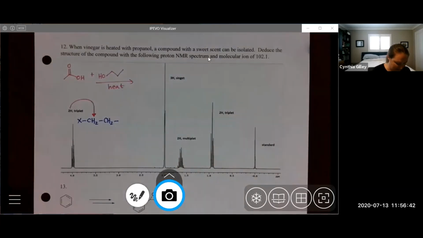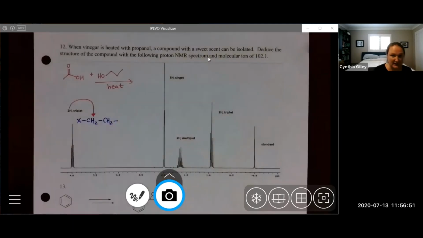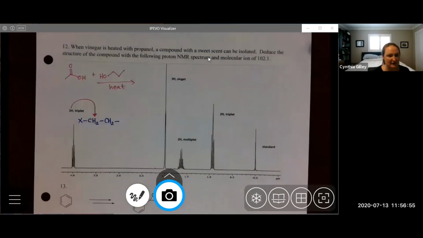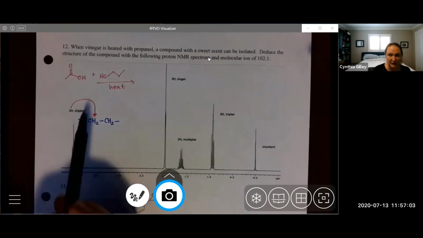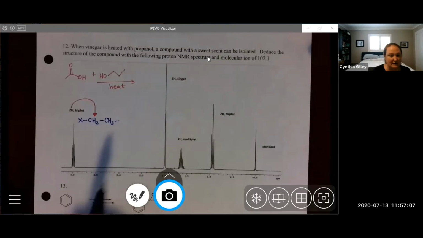We have its neighbors, right, and it doesn't have any other neighbors, so it's likely to be attached to something that doesn't have any hydrogen on the other side. We're just kind of putting X. X could maybe be an oxygen, right? Because we know we have oxygen involved, or it could be maybe a carbonyl. Carbonyls don't have hydrogens.